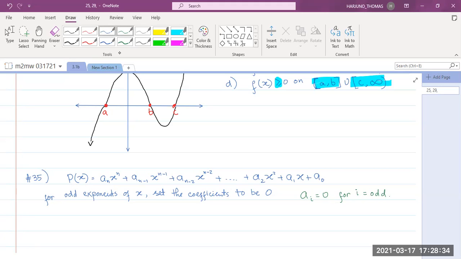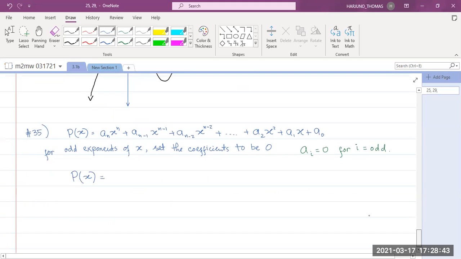So basically, if you set it that way, then your polynomial now becomes a sub n x to the n plus a sub n minus 2 x to the n minus 2, so on and so forth, a sub 2 x squared, a sub 0. So no more odd exponent.